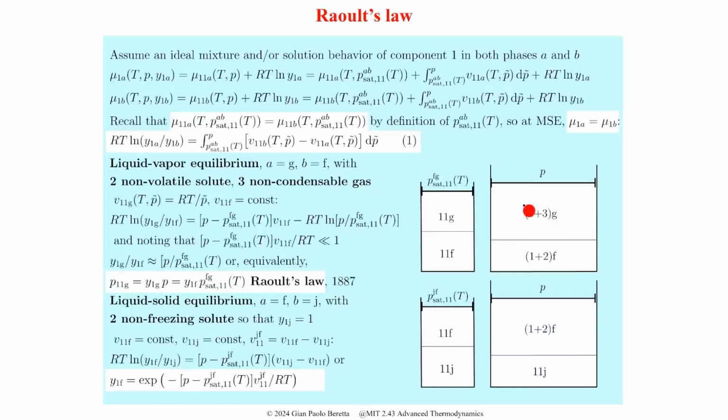That means that for mutual equilibrium, it is required only that the chemical potential of the component that can be exchanged between the two phases be equal. So it means that the chemical potential of water in the liquid must be equal to the chemical potential of water vapor in the gaseous phase. And this is one example.